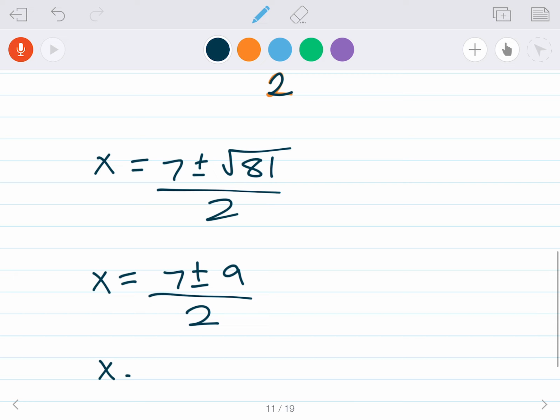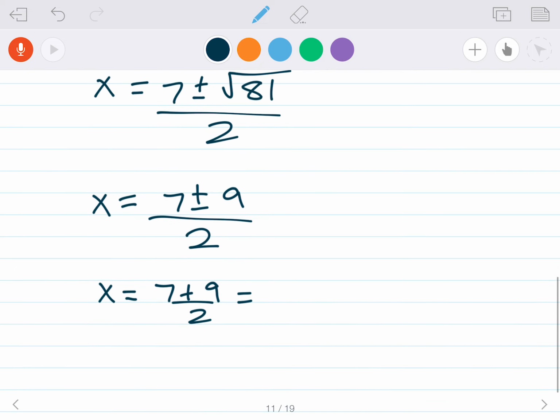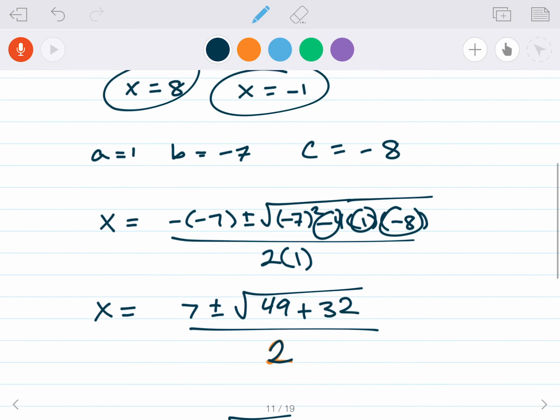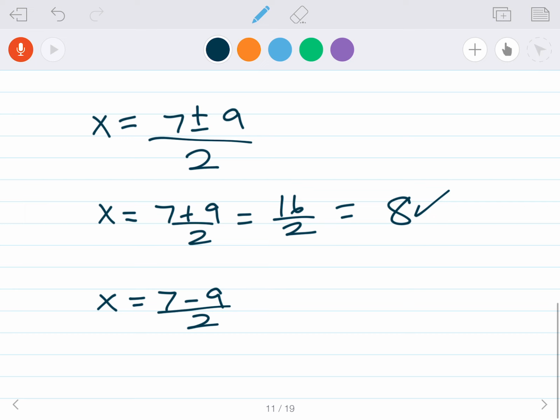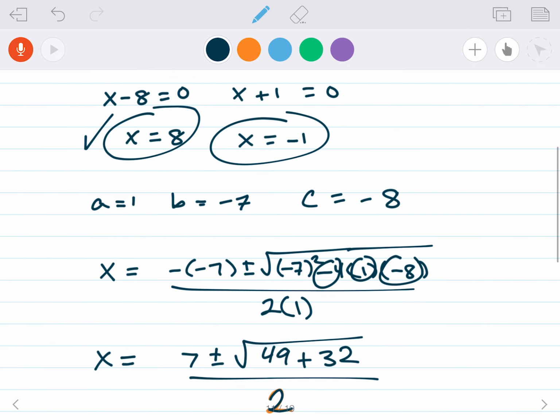And so I have two answers: x equals 7 plus 9 over 2, and x equals 7 minus 9 over 2. Now 7 plus 9 over 2 is 16 over 2, which gives me 8. Check, that was my first answer. And the second one gives me negative 2 over 2, which is negative 1, and that was my second answer.